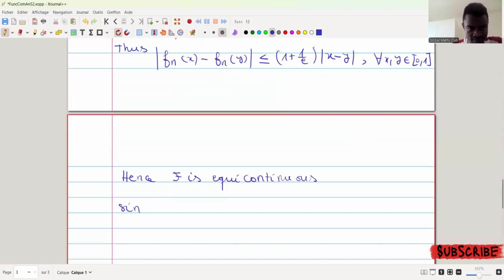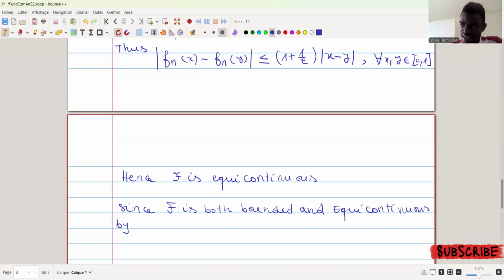Now, since F is both bounded and equicontinuous, by Arzela-Ascoli, or Ascoli-Arzela, F is precompact.